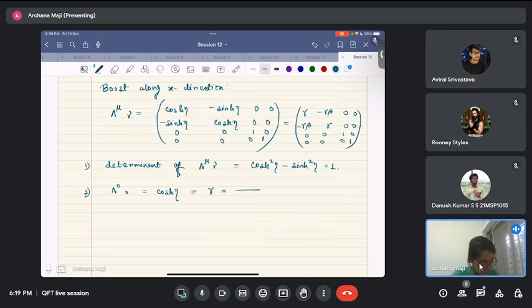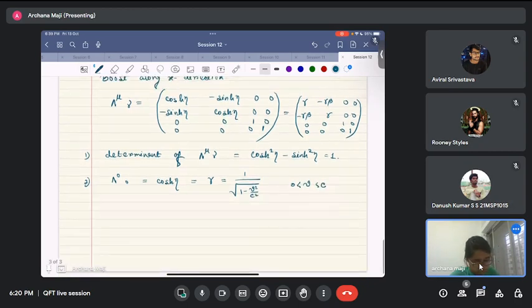And what is gamma? 1 over square root of 1 minus v square over c square. You know v lies between 0 and c, so gamma has to be greater than 1, because when you subtract from 1 a quantity which is less than 1, you get a quantity less than 1, and 1 divided by a quantity less than 1 will be greater than 1. So lambda 0 0 is greater than 1.